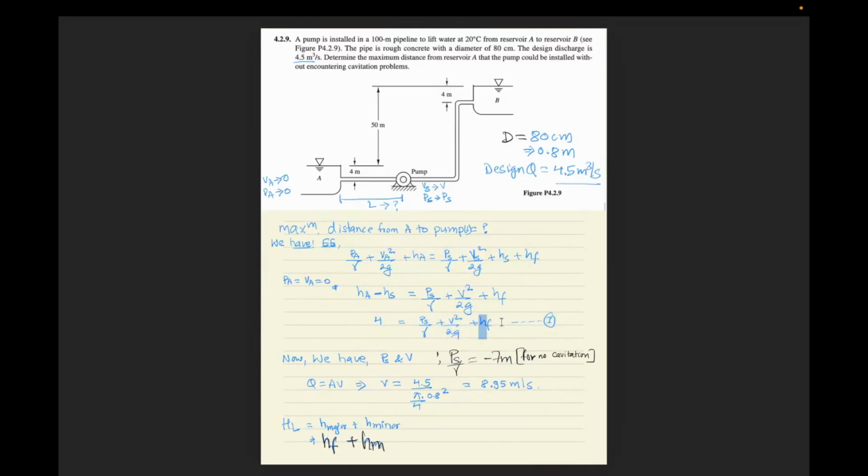We don't know the HF as well, we need to compute that. But since we are given the design flow rate, we can use Q is equal to AV. So velocity will be equal to 8.95 meter per second. And this HF or head loss will be equal to head loss from major plus head loss from minor.